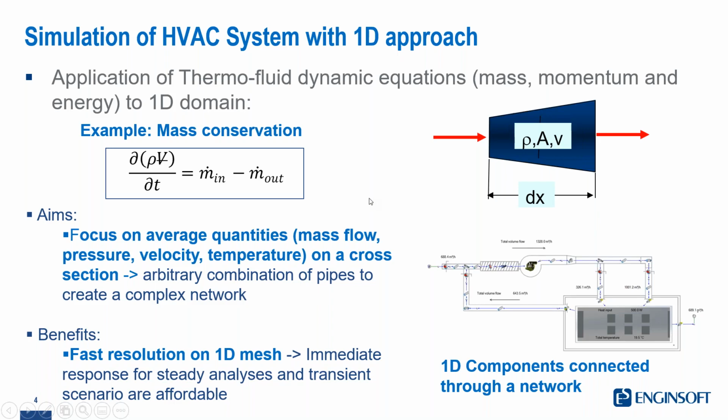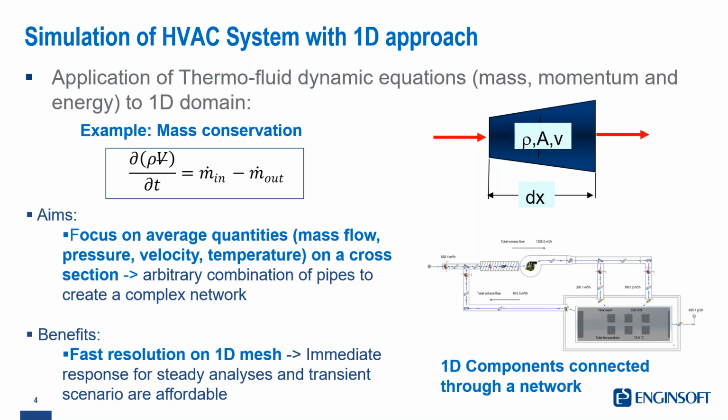It means that you can just focus on components connected in a network, and this is a really fast way to have a simulation and to be linked and matched to the process flow diagram.